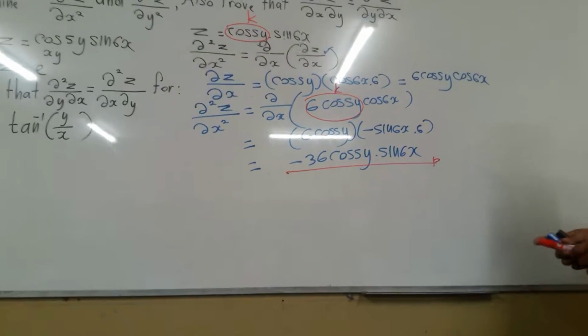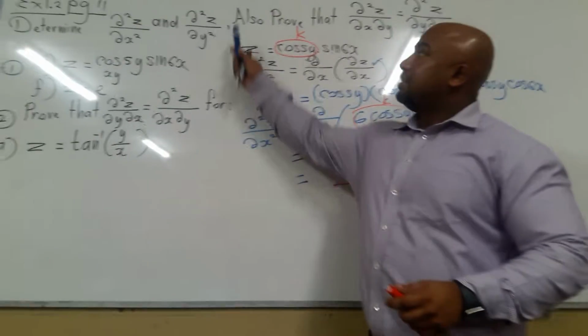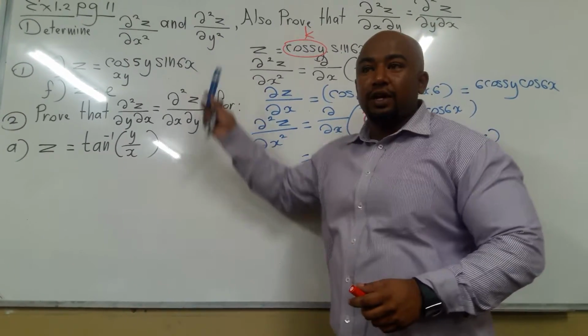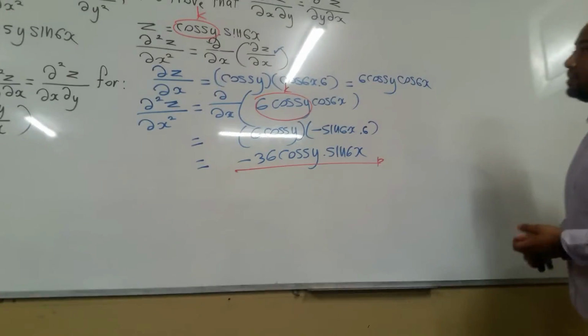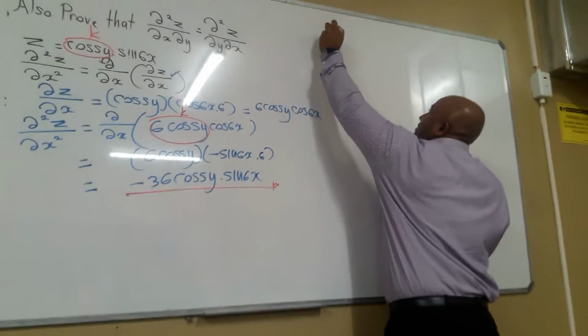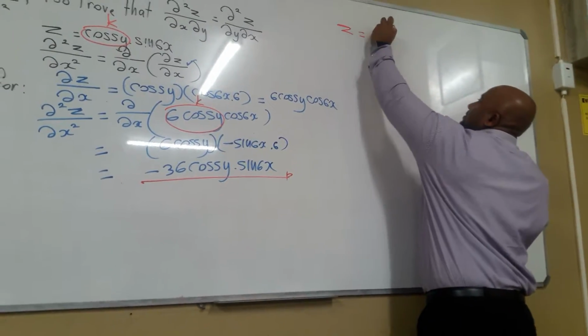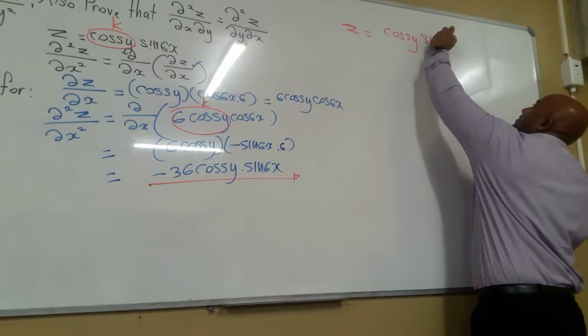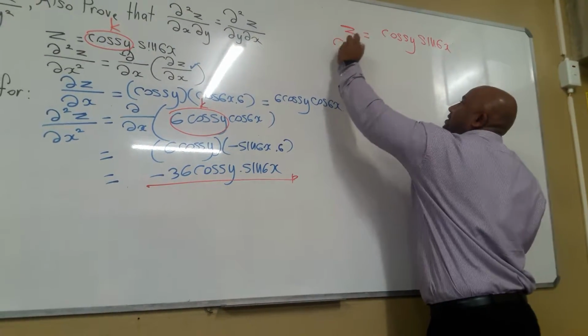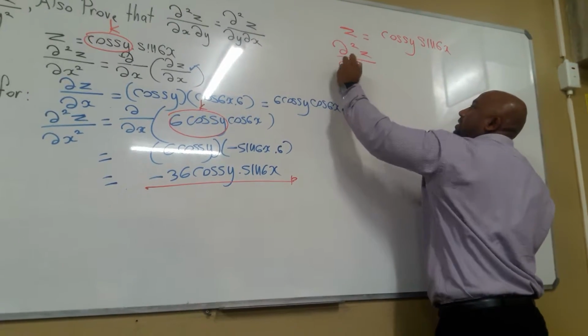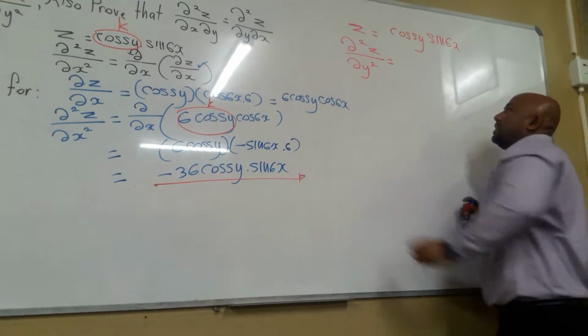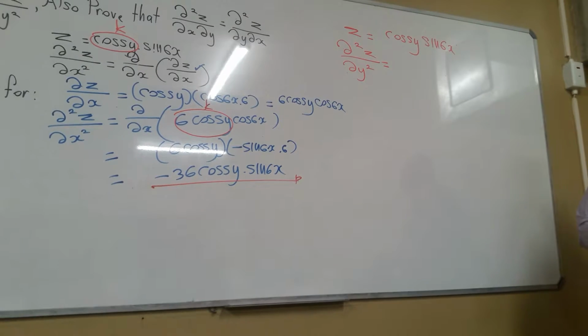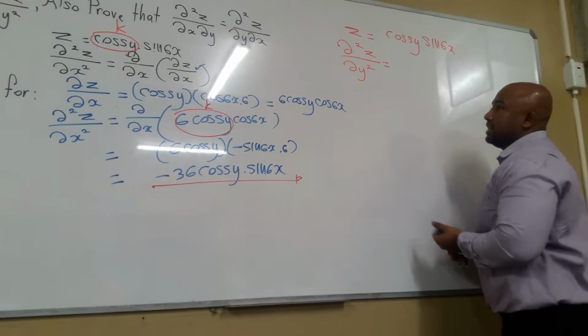Now, let me find d squared z over dy squared. So d squared z over dy squared. Again, understand how to write this down properly, otherwise you'll make a mistake.